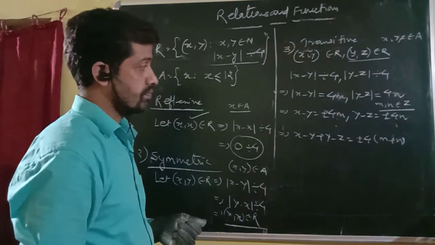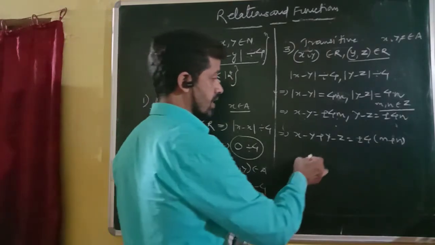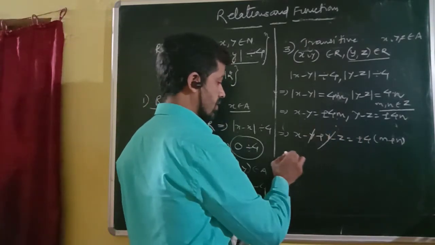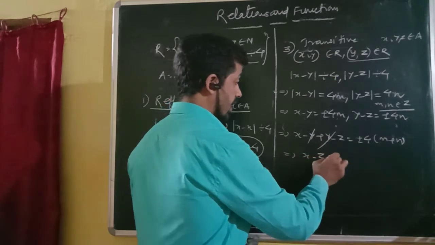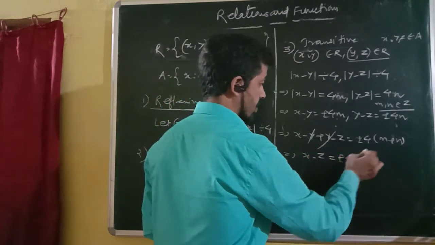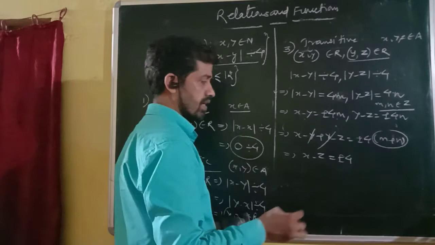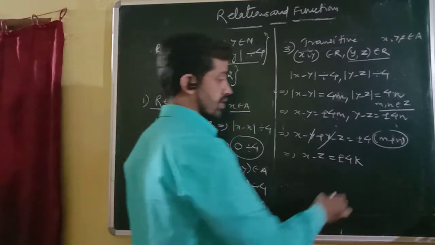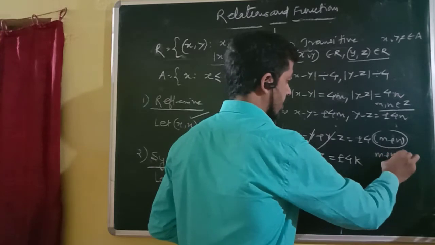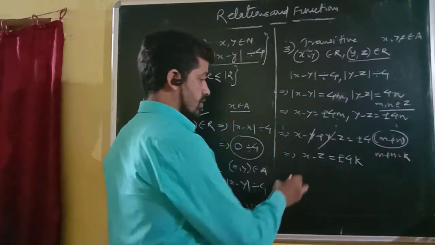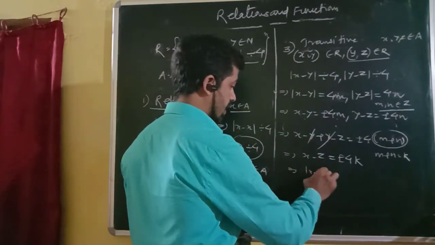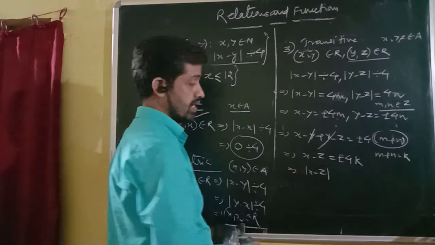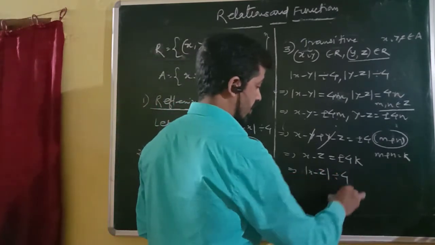Now the y is cancelled out, and what we get, x minus z is plus minus 4k, writing m plus n equals k. So we can write modulus of x minus z is divisible by 4.